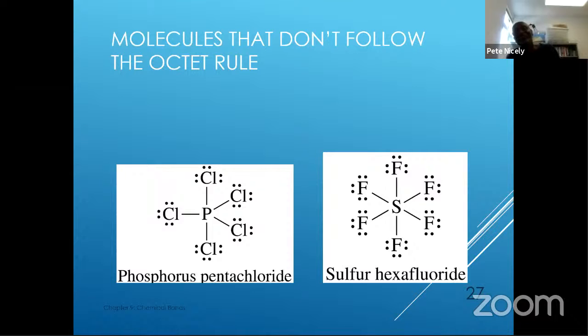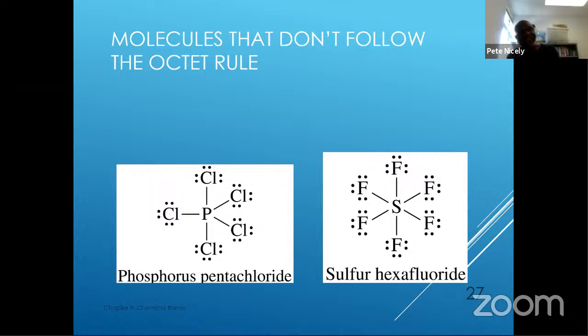This is observed specifically for elements belonging to periods 3 and below. So periods 3, 4, 5, and below that, 6, 7, can have more than 8 electrons on their outer shell. Elements in periods 1 and 2 simply cannot do that. There is a reason for that, which we will get into in the next chapter.